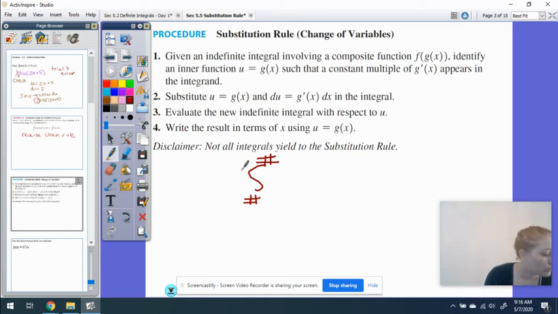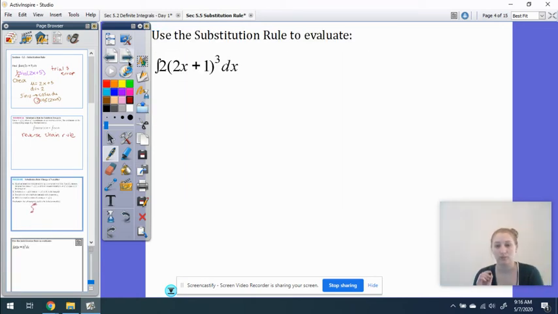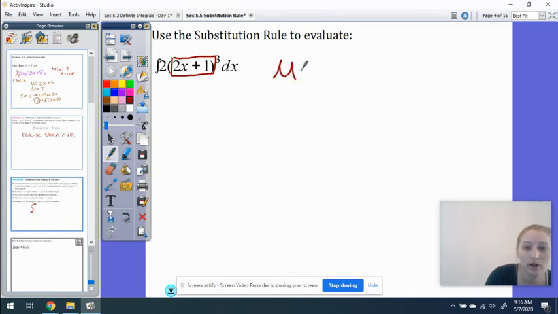Okay, so let's go ahead and kick this off with an example, because I think the best way to go through these is practice, practice, practice, and practice some more. Okay, so in this case, just like when we were doing the chain rule, you want to see what you can possibly do to make this a little bit simpler. So in this case, I'm going to say my u is going to be 2x plus 1.